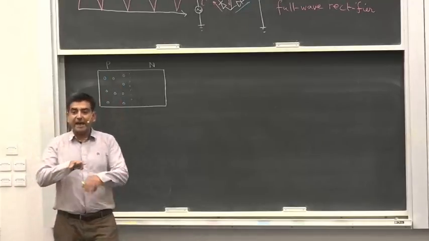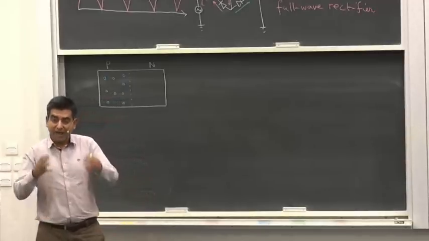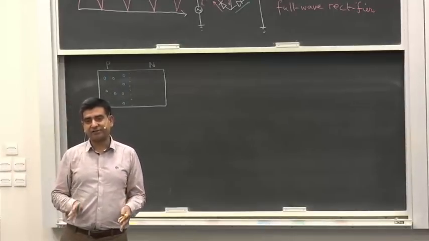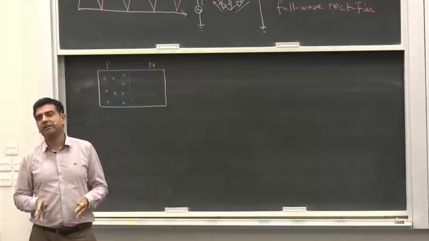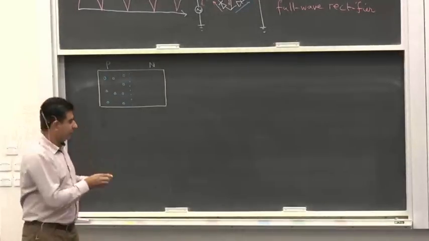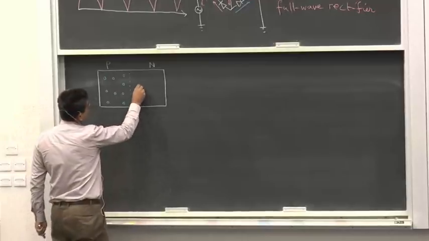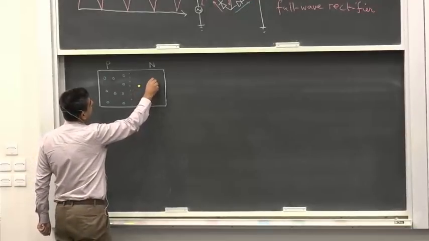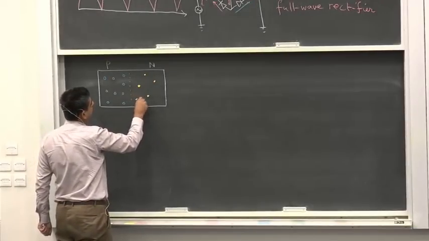These are the absences of electrons. These holes conduct electricity and they live inside the valence band. The mobile electrons inside the n-type material live inside the conduction band.